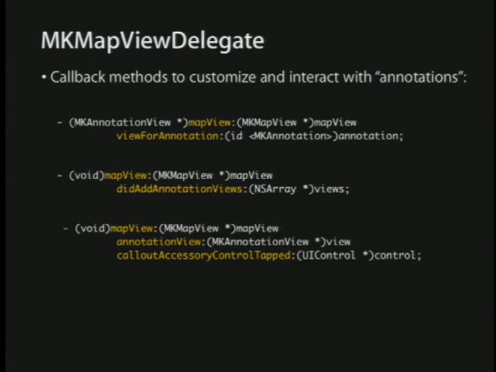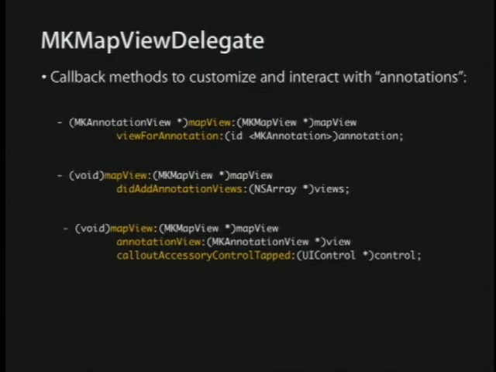The second method here is the did add annotation views. So when a map adds a few annotation views, it'll call you and tell you that there are new ones that it just plotted, and it returns the array of views that it added since it last reported to you. Why am I bringing this up? This is interesting for you for Paparazzi 3.